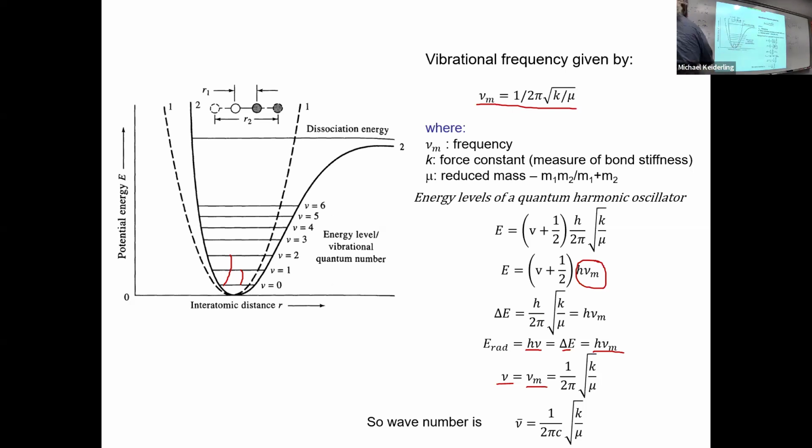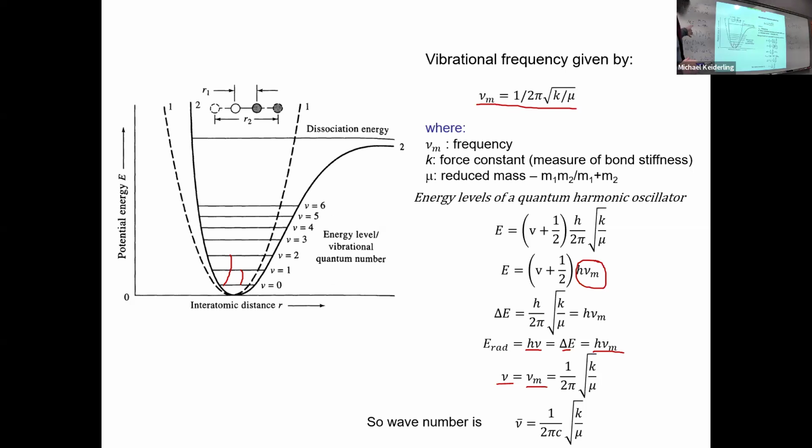And then the wave number is 1 over 2 pi c square root of k over mu.